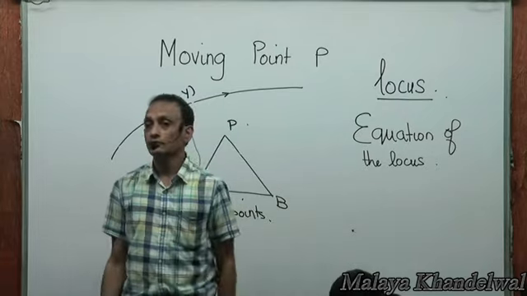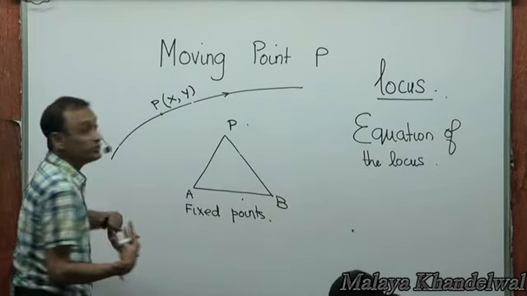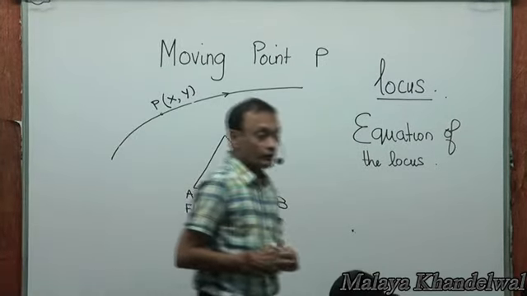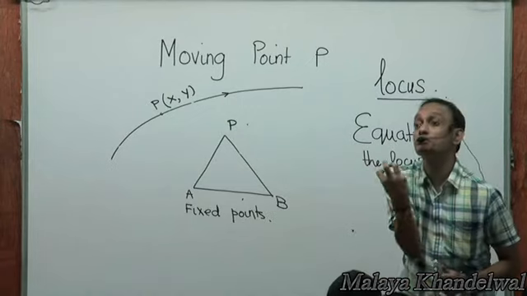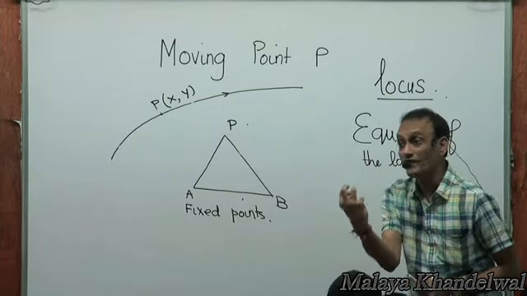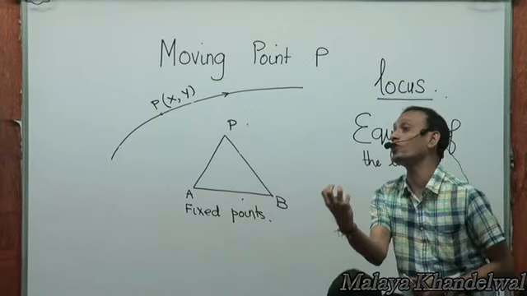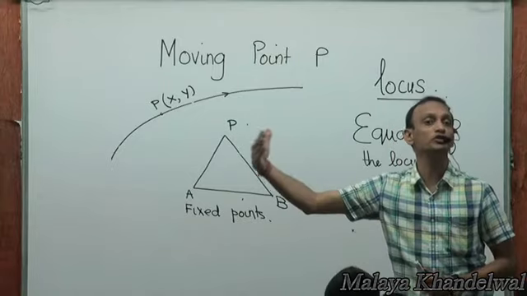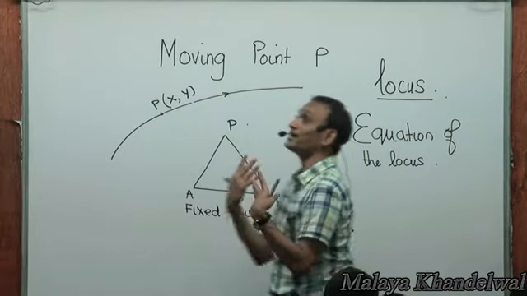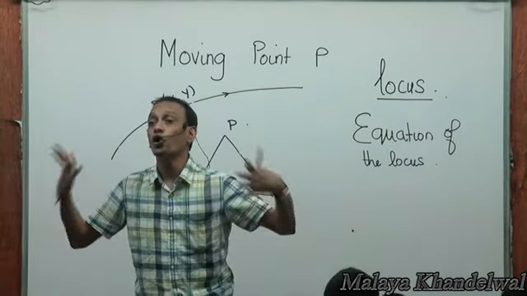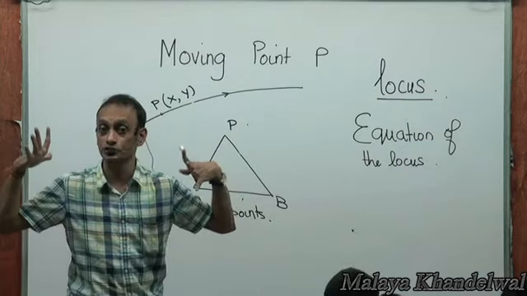And somebody tells you that P moves in a manner. With locus, there would always be a condition. With the locus of a moving point that you're trying to describe, there would always be a condition in some form or the other, right? It could either be a purely algebraic condition or it could be a geometric condition, right?